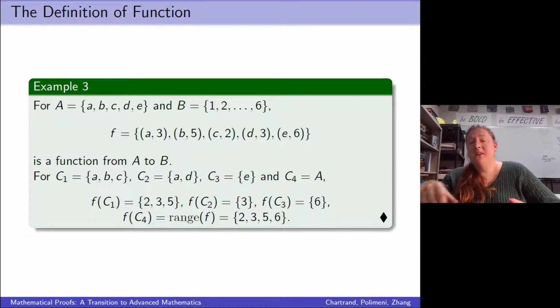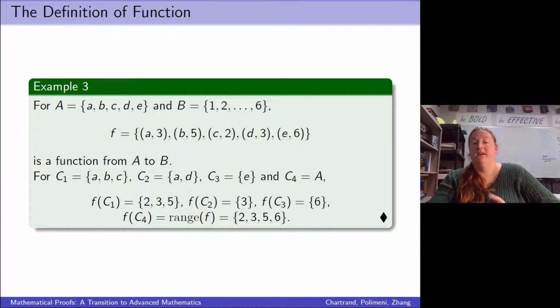Now, if I take a look at the subset, say C1 being {a, b, c}, a subset of A, and I take a look at the function of that set, I'm looking at the image of that subset of A. What I get is everything that's a second coordinate with a, b, and c.